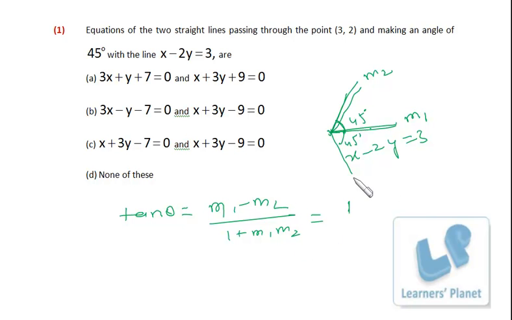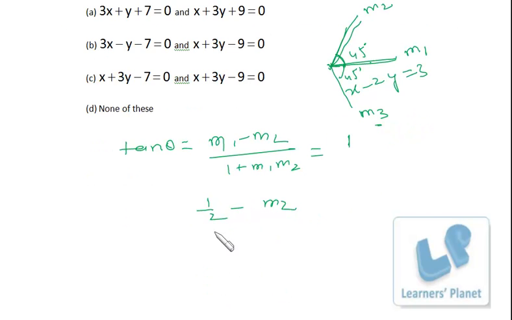We'll get two values of m2 over here; one of them will represent the slope of this line and the other the slope of this line. So tan 45 = (m1 - m2)/(1 + m1 m2), and tan 45 is 1. Now the slope of the given line is 1/2, so m1 is 1/2: 1/2 - m2 is equal to 1 + (1/2)m2.